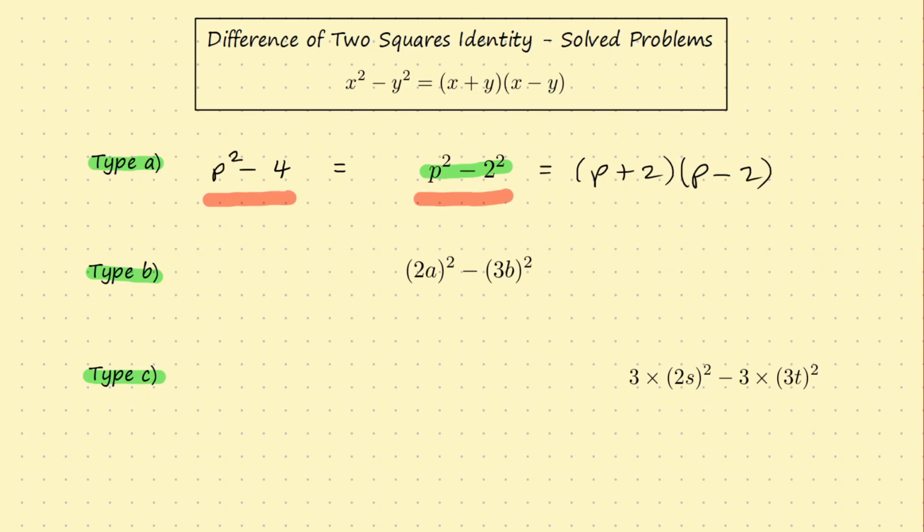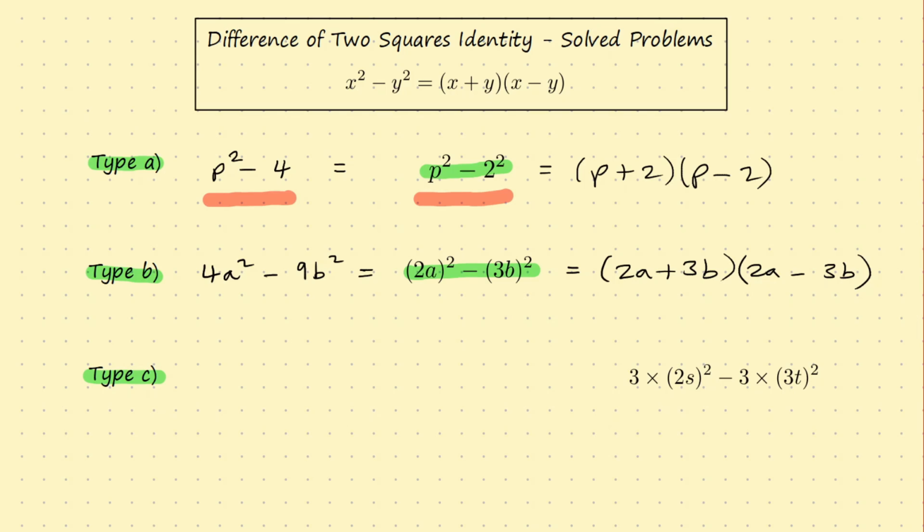Type B problems involve expressions of the form (2a) all squared minus (3b) all squared, which we can factorize into 2a plus 3b times 2a minus 3b.